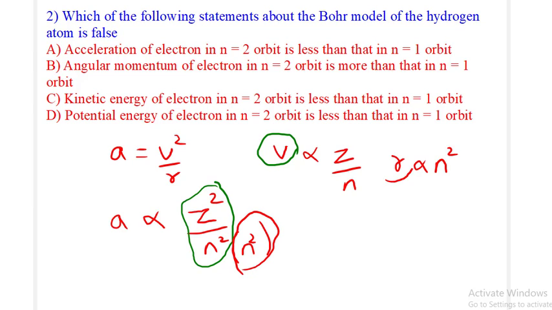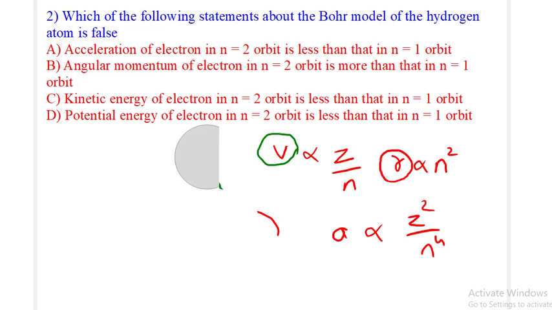So finally, a is proportional to z square upon n raised to 4. As n increases, a decreases. So in the given question, acceleration at n equal to 2 is less, because the acceleration at n equal to 1 is greater as compared to n equal to 2. So the first statement is right.